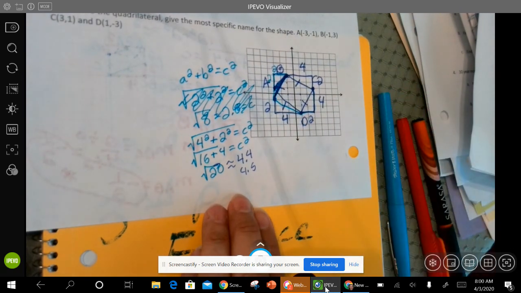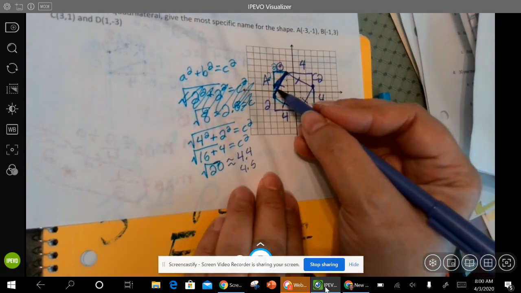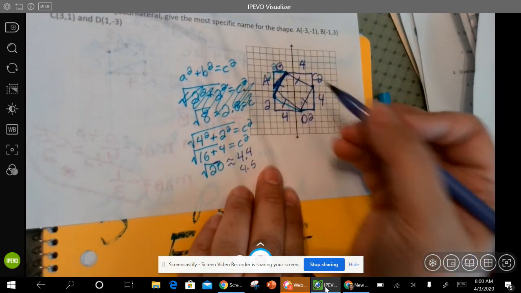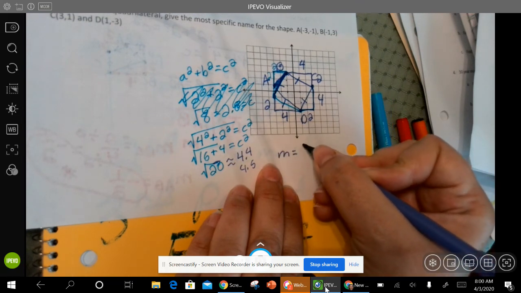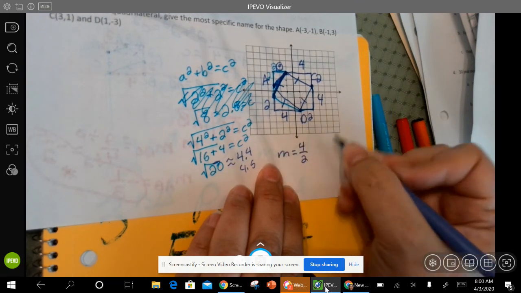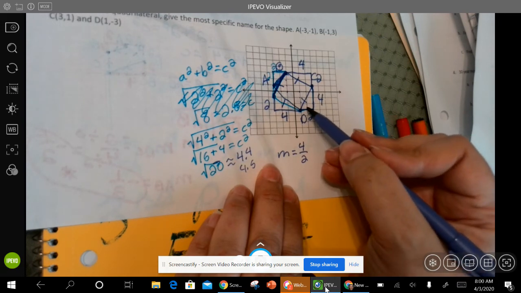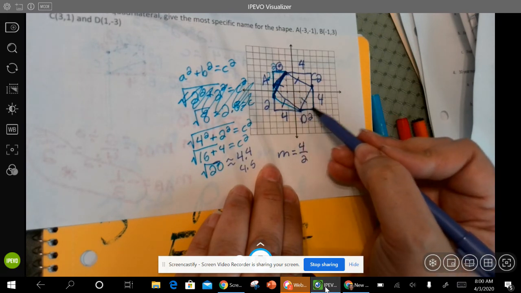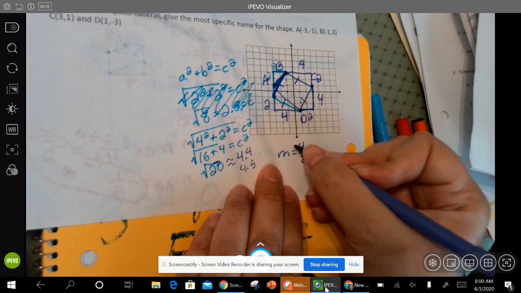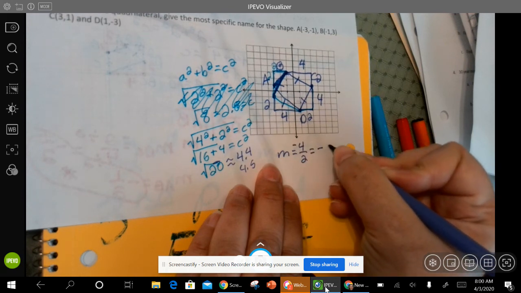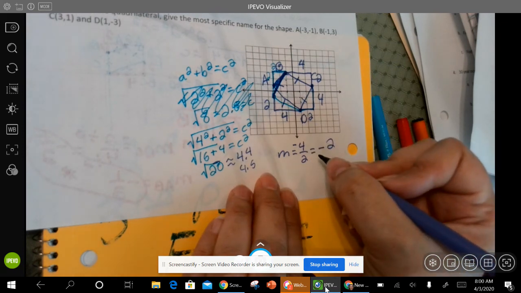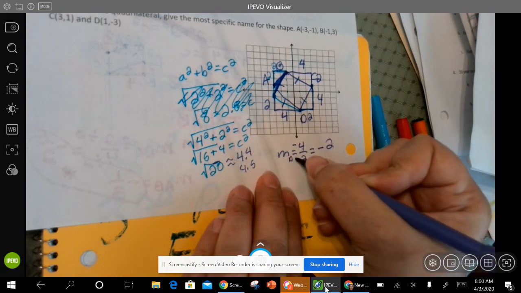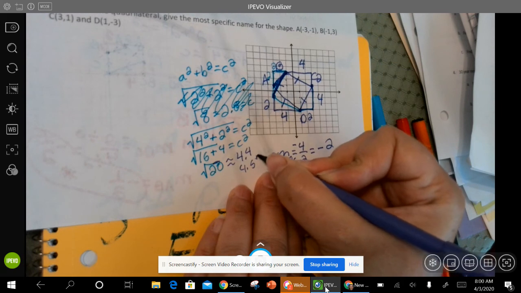And then what we also have to check is the slopes. So slope of AB, this is 4 over 2. Remember, it's rise over run. So 4 over 2. Same for this one, it's going downhill, so it's negative 2. That is going to be the slope of DC and also the slope of AB.